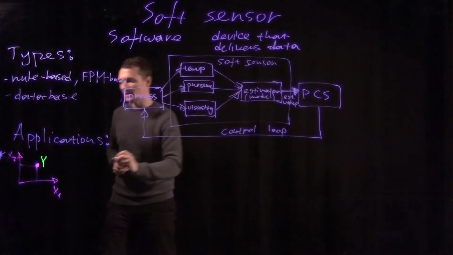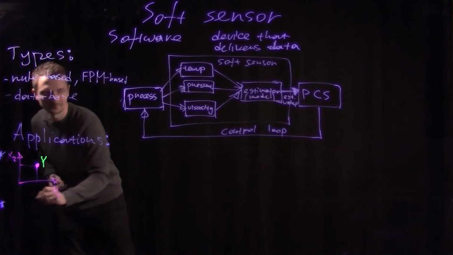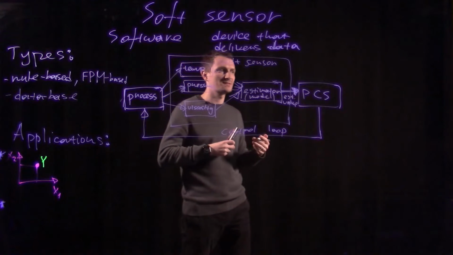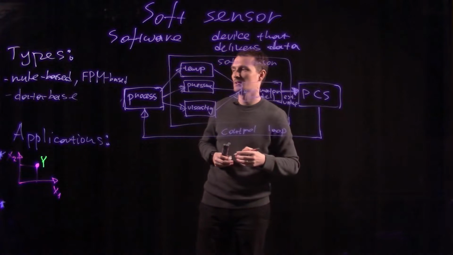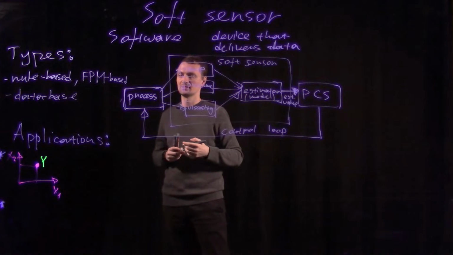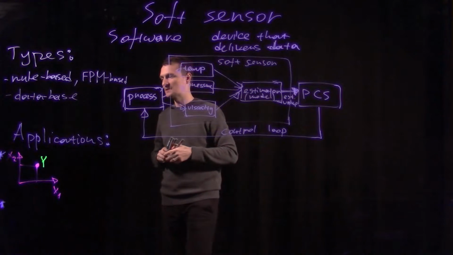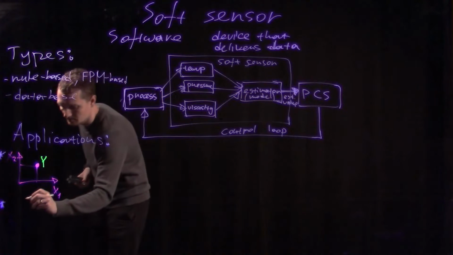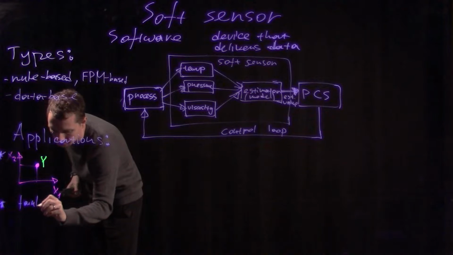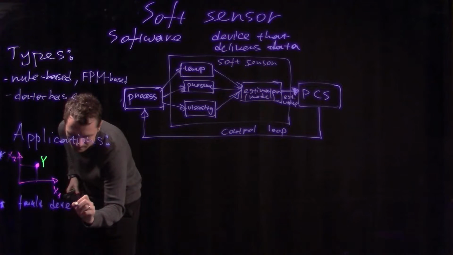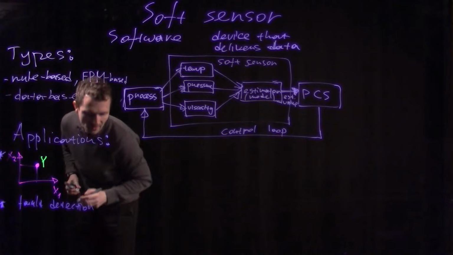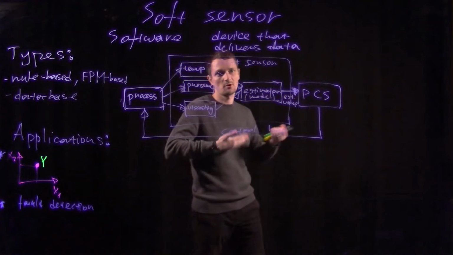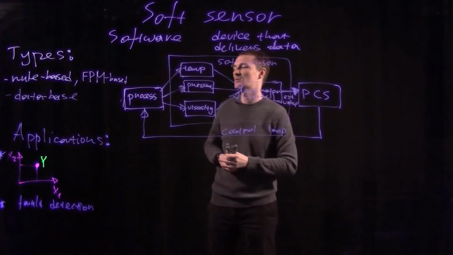Then the second application would be to use soft sensors for process monitoring as well as process fault detection. It's more in the direction of classification tasks. And in this case, the models are mostly based on statistical features, although it might also be machine learning models.